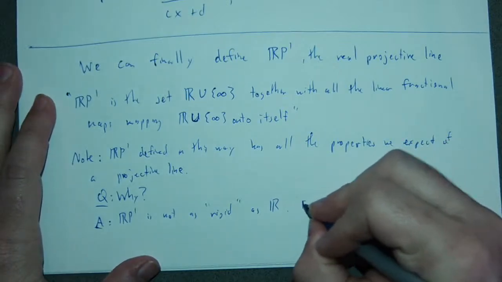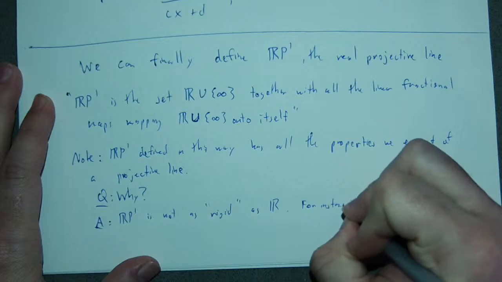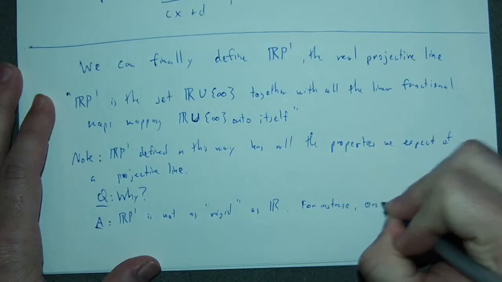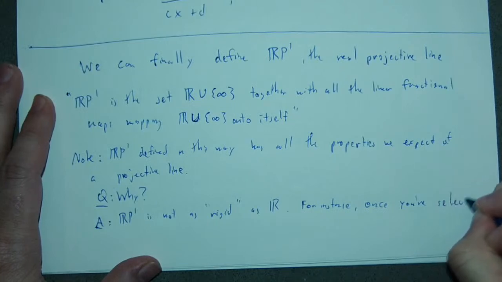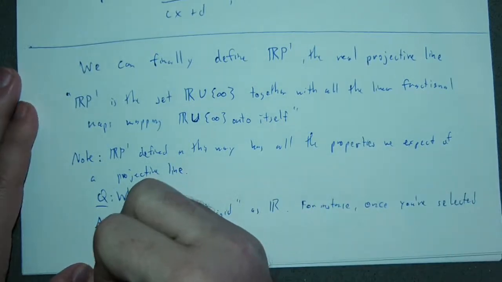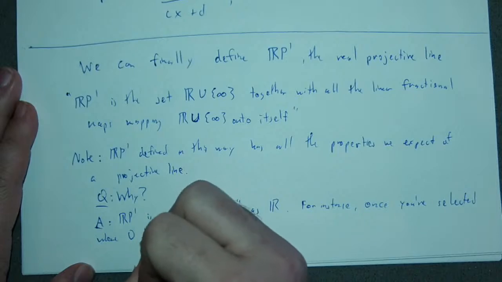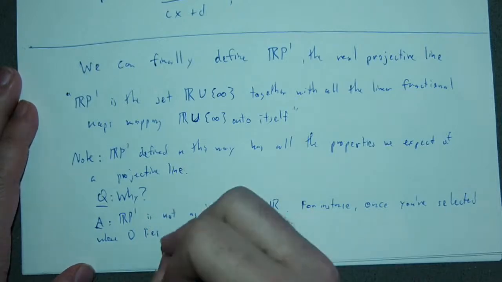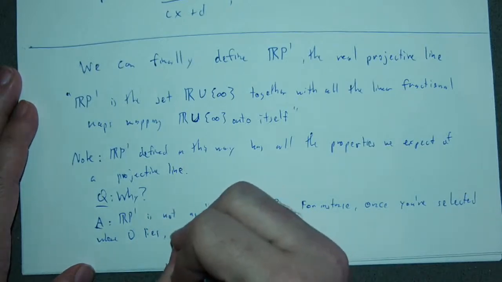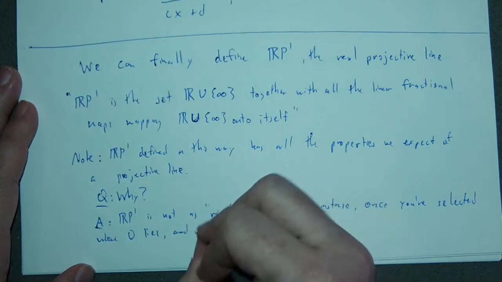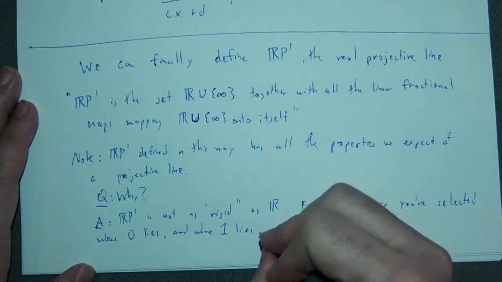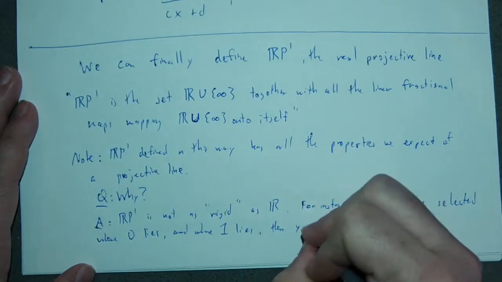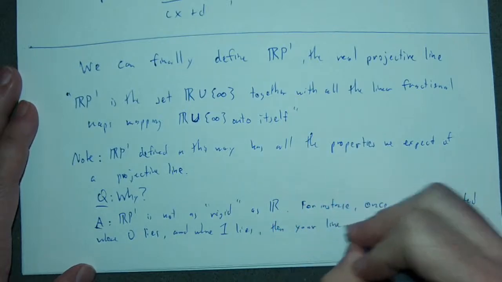Well, for instance, once you've selected where 0 lies, and where, say, 1 lies, then your line R is determined.